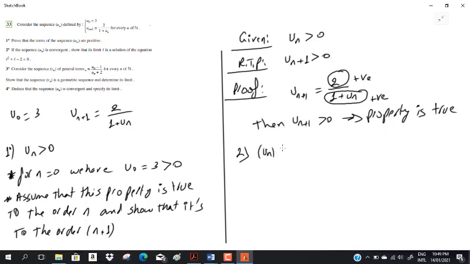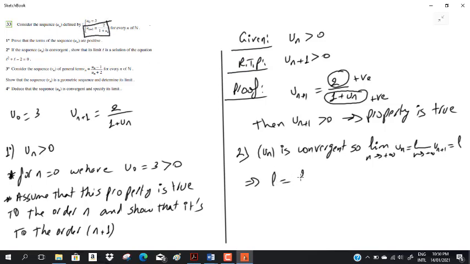We have the sequence un is convergent, so the limit as n tends to plus infinity of un equal the limit as n tends to plus infinity of un plus 1 equal L. So we replace this value of L in the recursive relation: L equal 2 over 1 plus L. Cross multiplication: L plus L square equal 2, so we obtain the equation L square plus L minus 2 equal to 0.